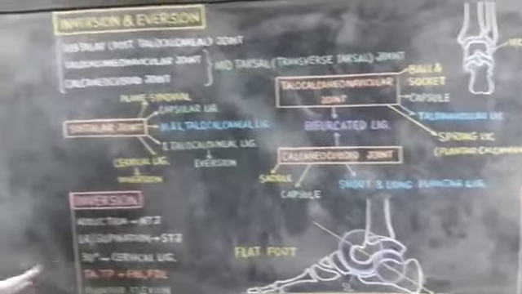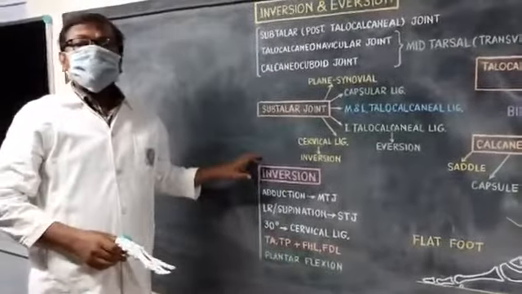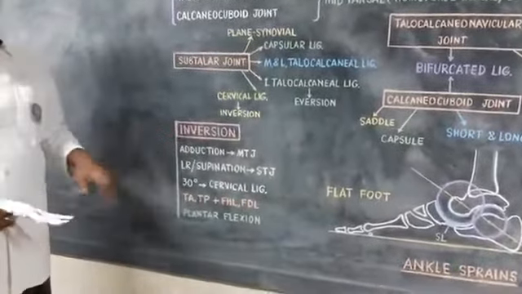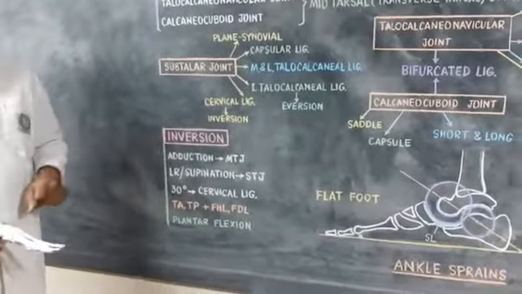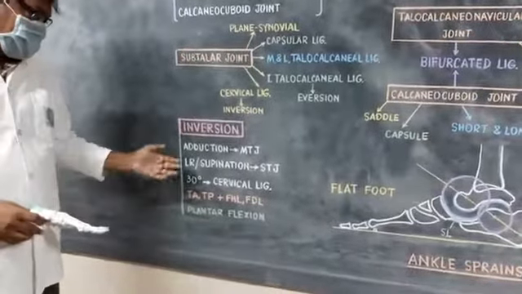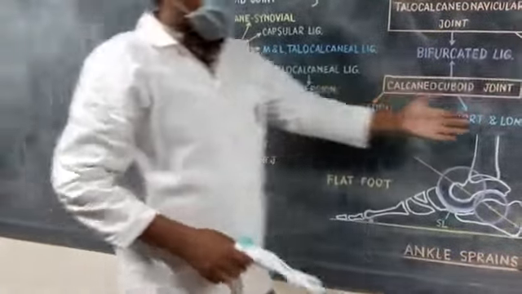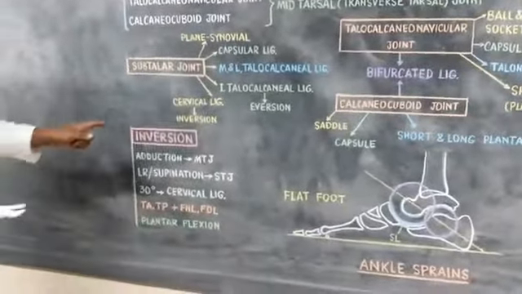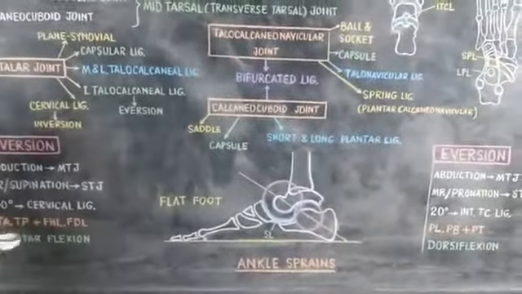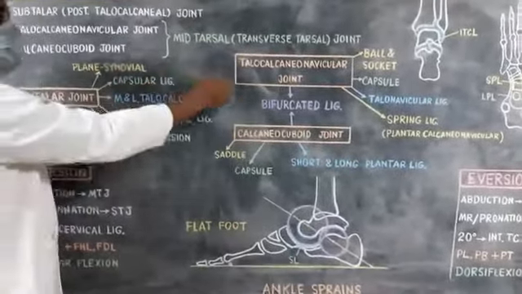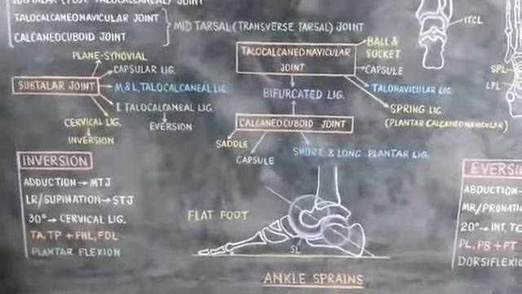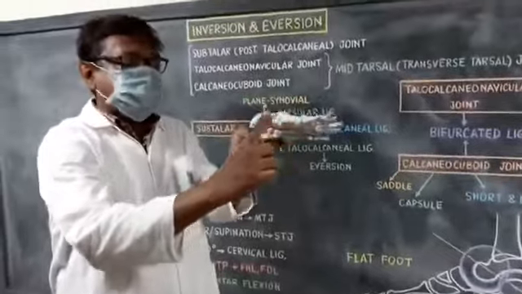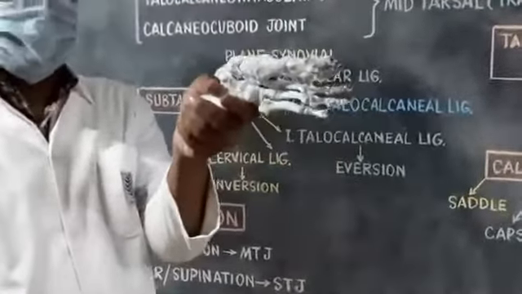Now come to the function. Inversion and eversion are complex movements. Each movement consists of two components like adduction and supination, or abduction and pronation, and both the movements take place in mid-tarsal and subtalar joints. During inversion, the medial margin of the foot is raised above the ground.